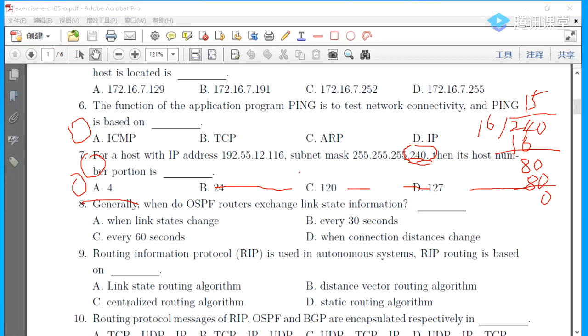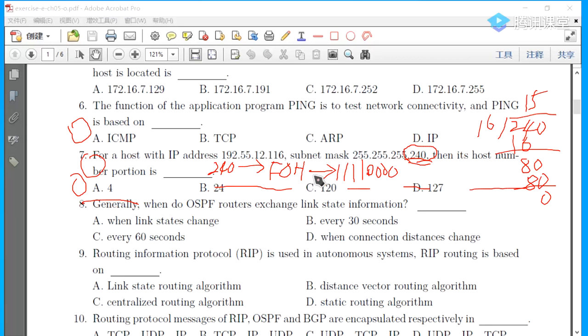Okay, that means 240 is F0 in hexadecimal notation, right? So that is 1111 0000, right?